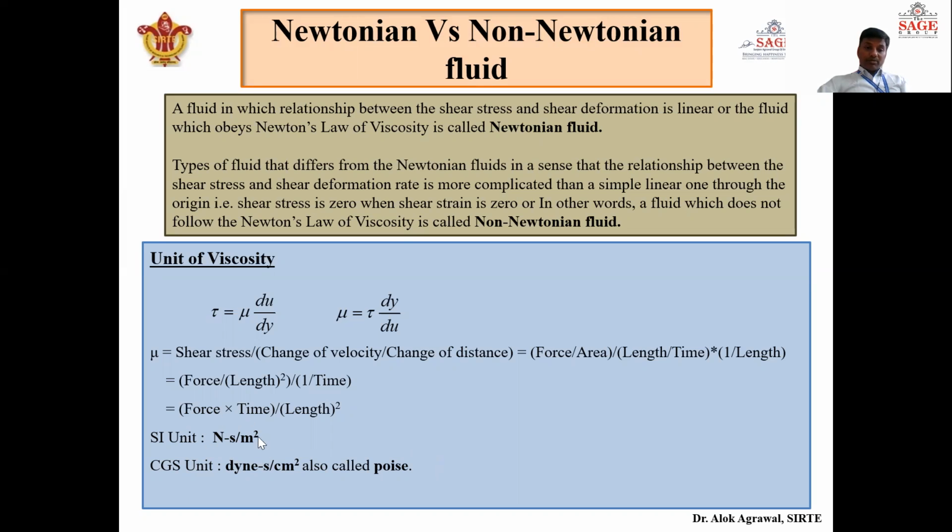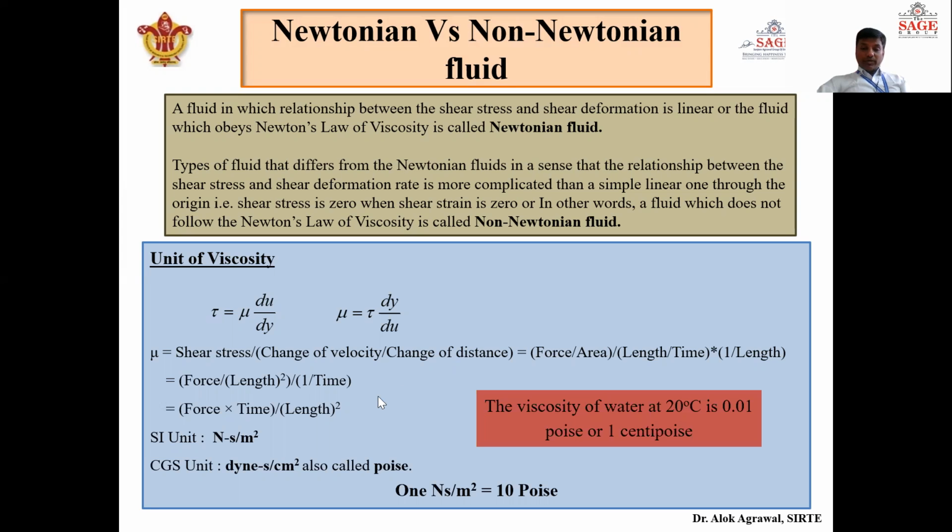So there are two units of viscosity. The SI unit is Newton second per meter square, and the CGS unit is dyne second per centimeter square, which is also called poise. And there is a relationship between these two units, that is 1 Newton second per meter square is equal to 10 poise. This relationship is very important because we will use it for solving different problems. Why have we given a name to this CGS unit?